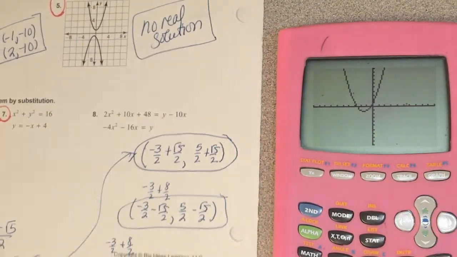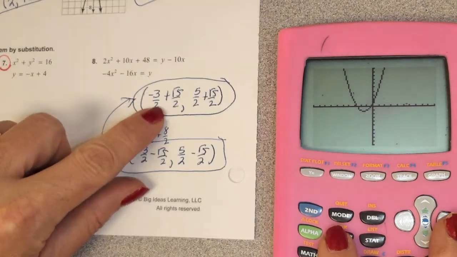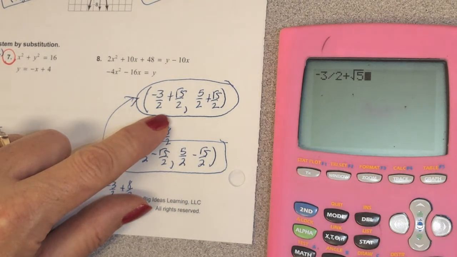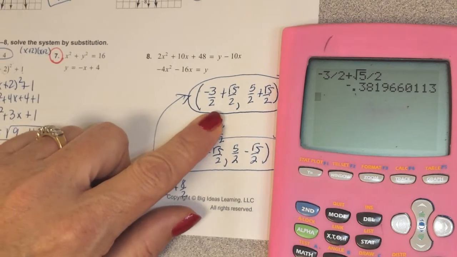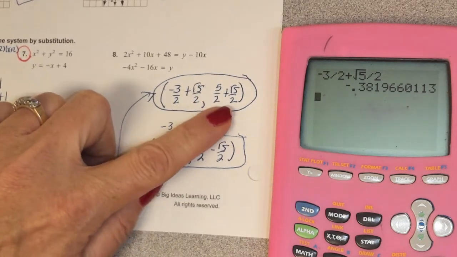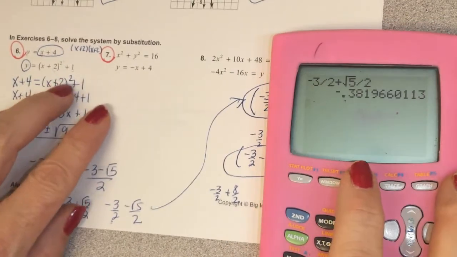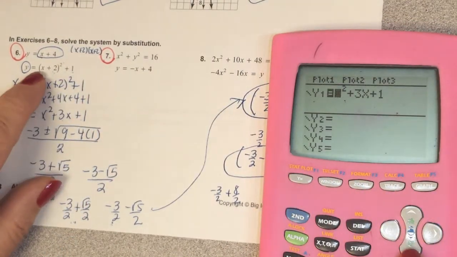Okay, I can check this now. Watch how I can check this. So I think one of my points is negative 3 halves plus radical 5 halves. I think that's what my x-coordinate is, and I think this is what my y-coordinate is, but I'm just going to keep in mind this x-coordinate. So I'm going to go back here and check this.